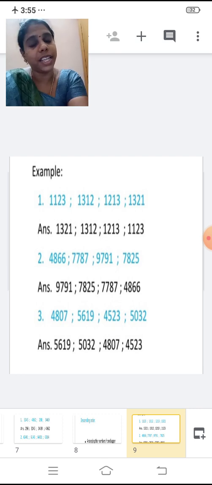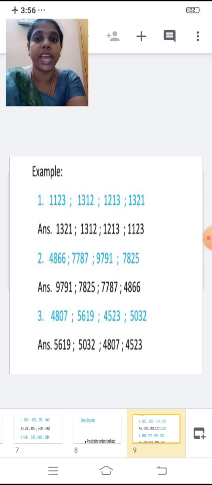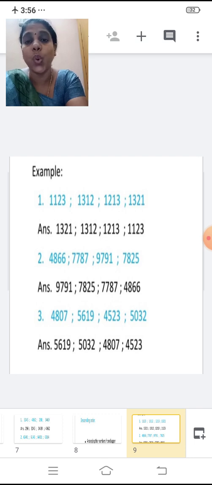Then compare the tens place now. In the tens place, second number we have 1 and fourth number we have 2. Now which is bigger? 2 is bigger, right? So obviously 1321 is the biggest number, right? So 1321. Then 1312. Next, in the hundreds place we have 2, and in the first number we have 1.